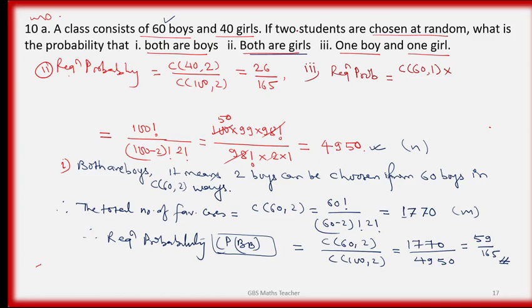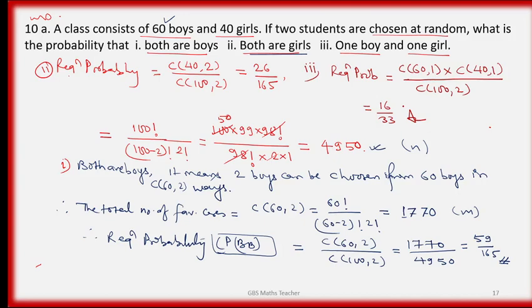Put the value and simplify and we will get this solution. So in this way, using combination, that is selection without order, we can use this in probability as well.